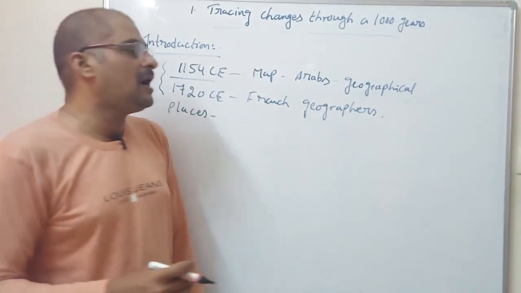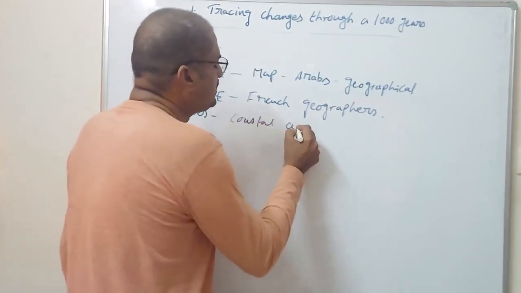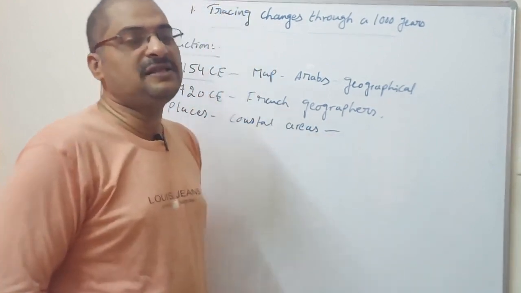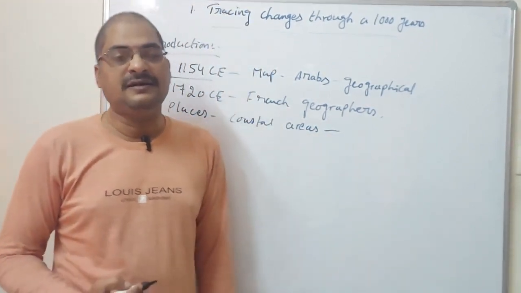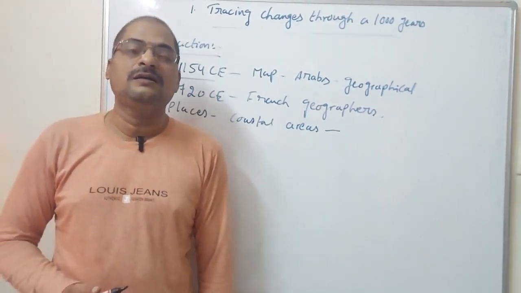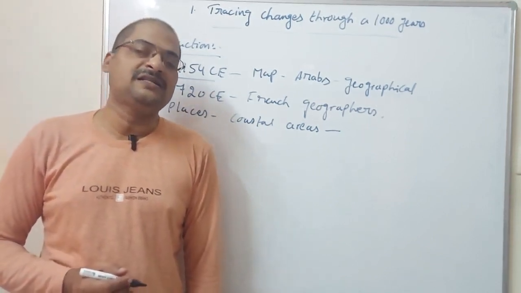Especially the changes are in the coastal areas. What is meant by coastal areas? Places that are very near to rivers and oceans. Such places have some changes in these two maps.